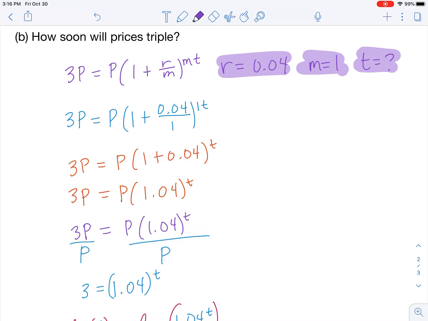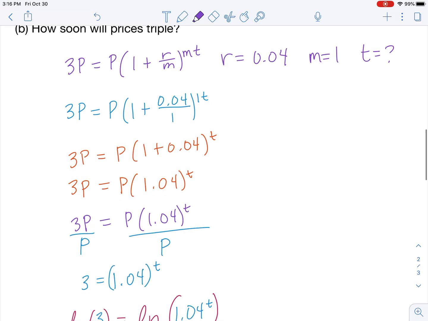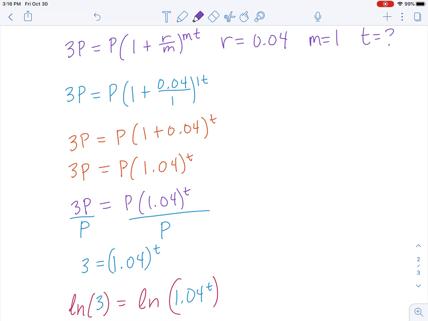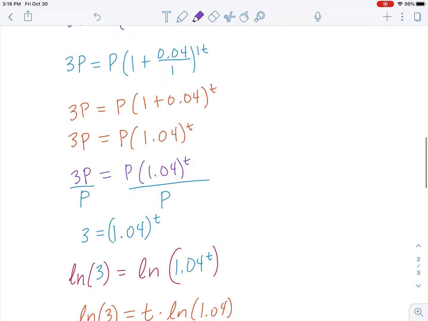So filling everything in to this formula, everything is the same from the last example until we get to this side over here where we've substituted a 3 instead of a 2. So we follow the exact same steps as we did for the previous problem.